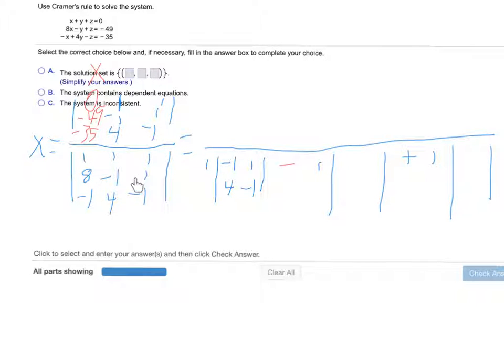These are the four numbers left. And you do this over again. This middle one came from this top row and middle column. So top row and middle column, you'd be left with these two numbers and these two numbers. That's what goes in this box here. So that'd be an 8, negative 1, 1, and a negative 1.